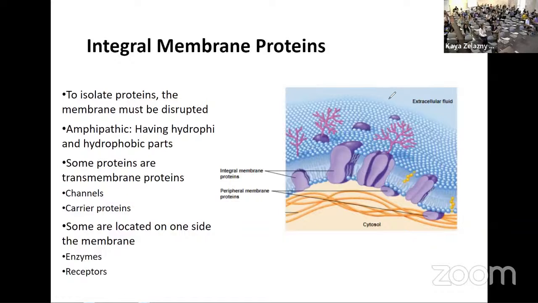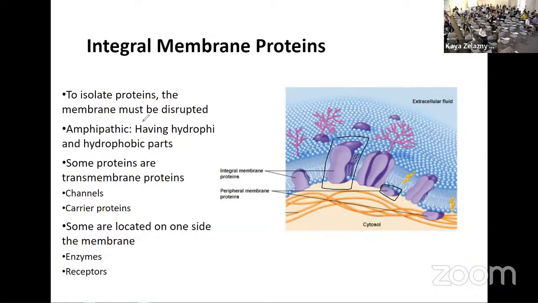Okay. So if we are looking at a protein, these purple things all throughout here, we see that they are in some way either embedded in the membrane or they're just sitting on top of it, either on the inside or the outside. So purple everywhere here is proteins. If you wanted to isolate one in a lab and study it, you'd have to disrupt the membrane and pull it.